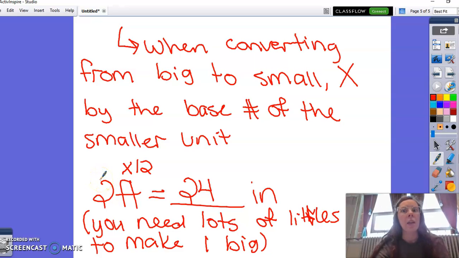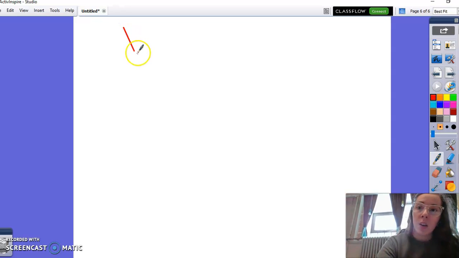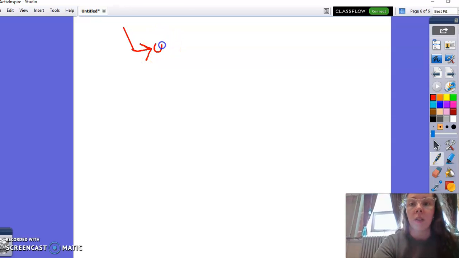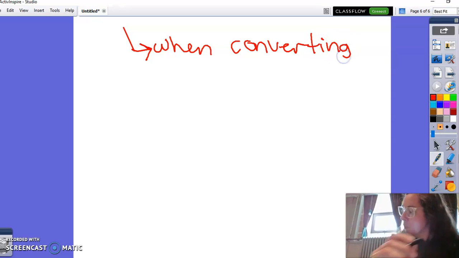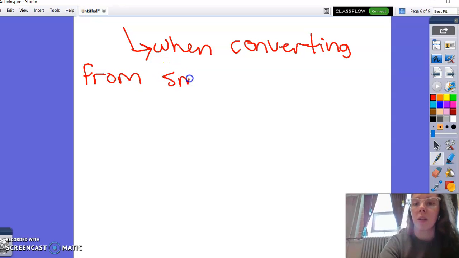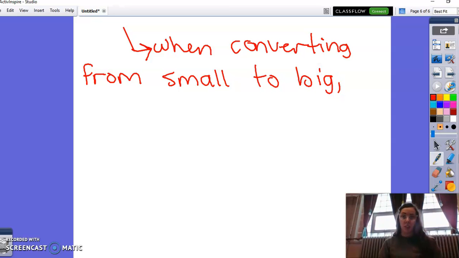Okay. Now, what if we were going the other way? What if those were flip-flopped? Let's take a peek at that. This is another down arrow here. When converting from small to big, okay, now think about what we just did with big to small.